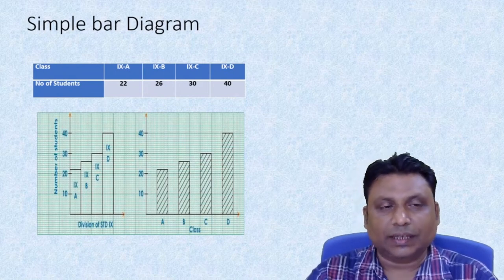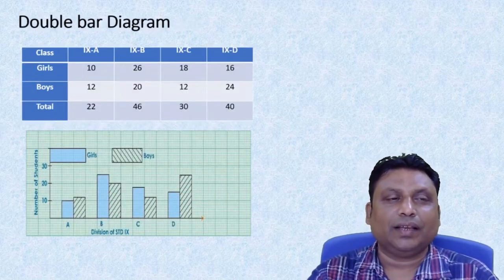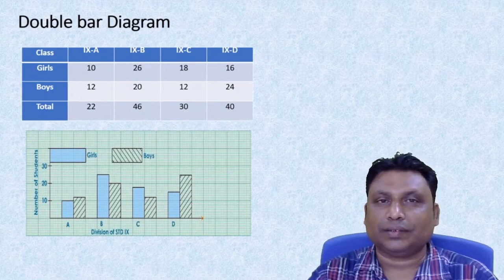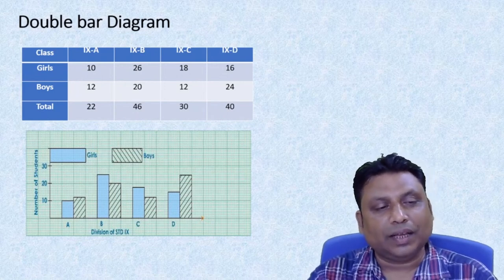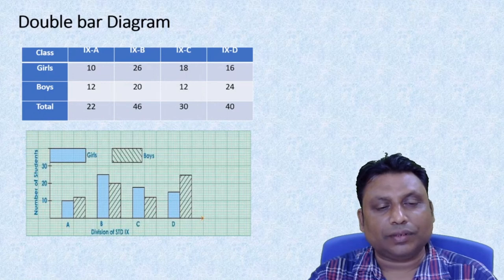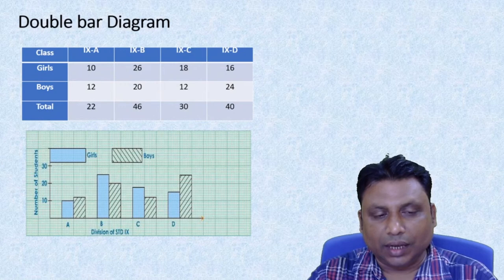The next example is the double bar diagram. We are taking class X, section A, section B, section C, section D, the girls' marks and the boys' marks. What happens here? You take the girls and the boys and make a graph. Suppose A is boys and B is girls.